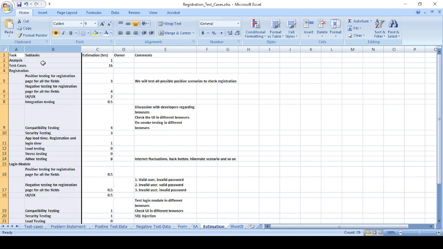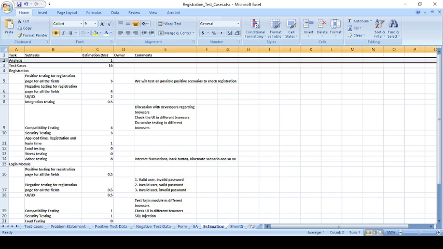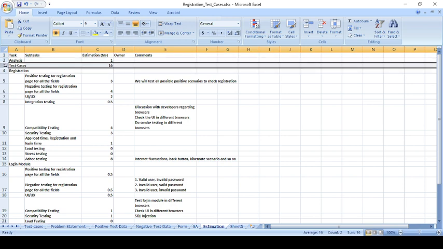As a fresher, this is the important point. Otherwise, what if you forget compatibility testing, security testing, stress testing, and ad hoc testing? Then you will miss all this estimation. So the first point is to divide it. Always include the analysis part in estimation, and consider the time for writing test cases in estimation.